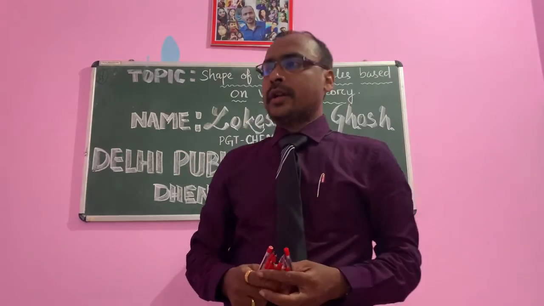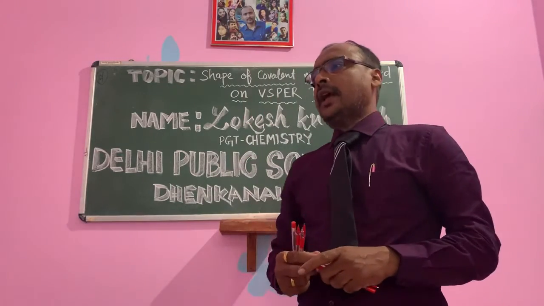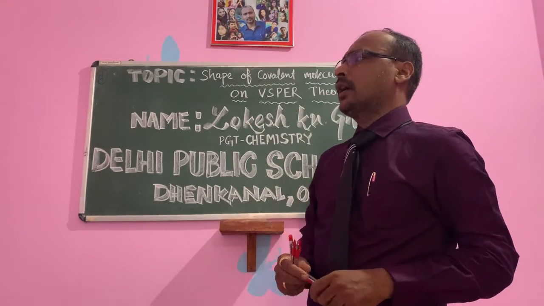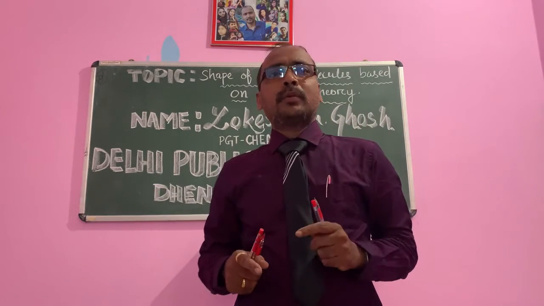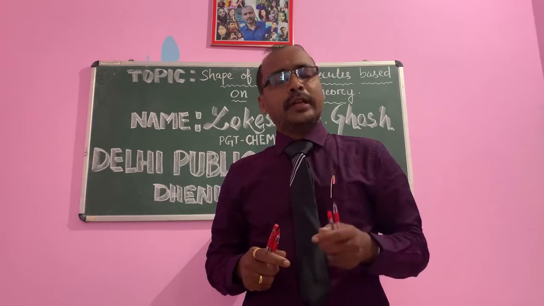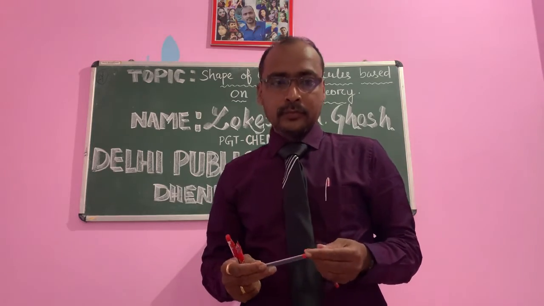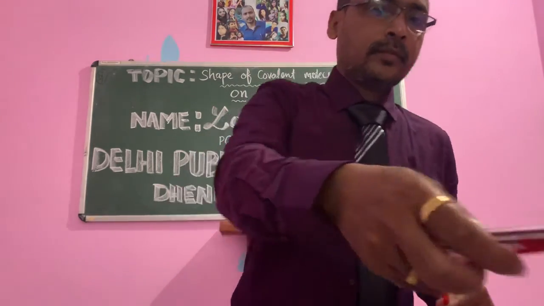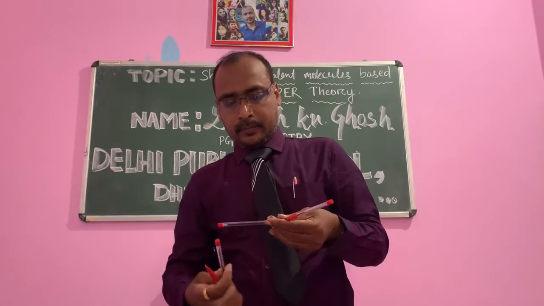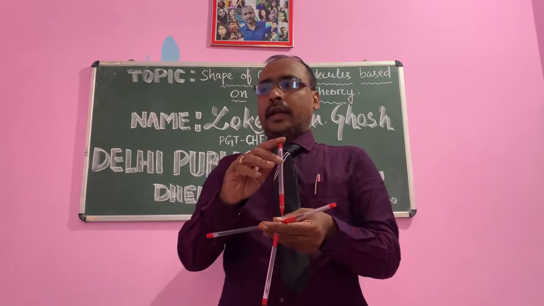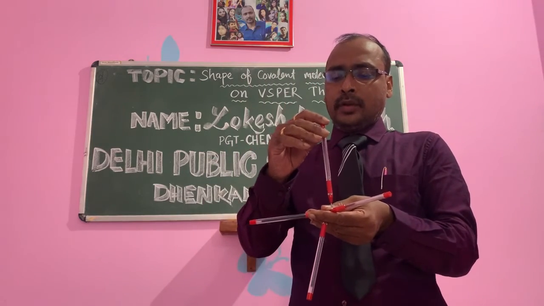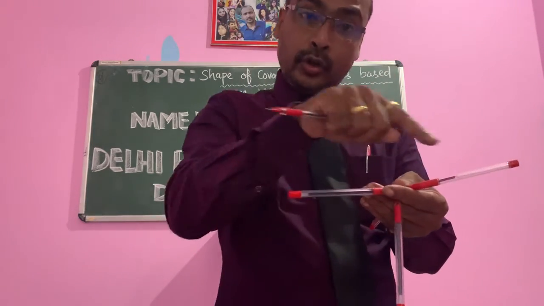Then next one is the AB4E type. Again we consider the trigonal bipyramidal geometry, and from it we can explain the AB4E type. For AB4E type, you remove one equatorial bond.